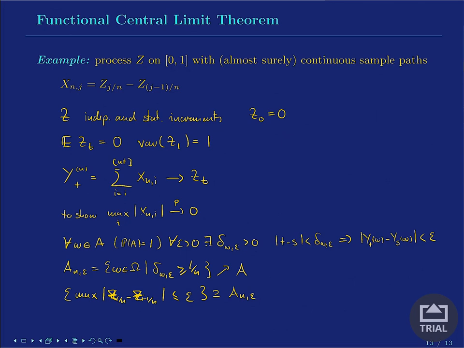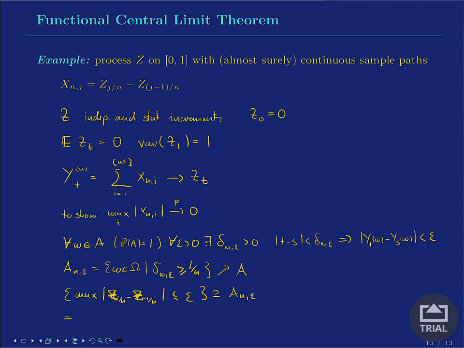Correspondingly, if we now look at the converse, the complement, then the complement of this event is contained in the complement of this event and hence has a smaller probability.